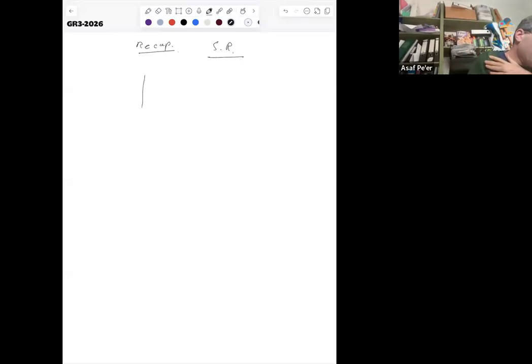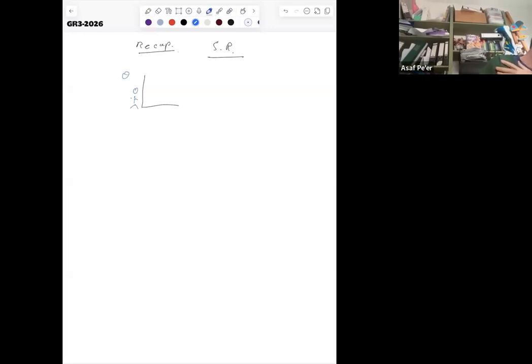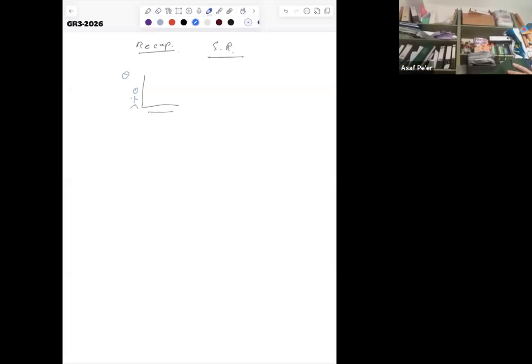It talked about two observers. One, call it O, and the second one, call it O prime, that is moving with respect to O. And we said that there is a source of light that emits a light.